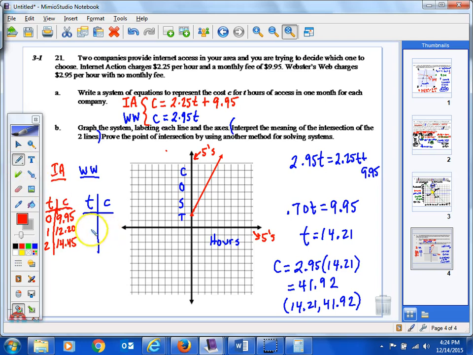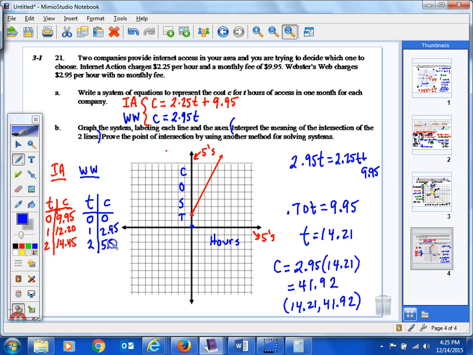Okay, let's get some points for Webster's Web. If we don't use it any hours, the web is not going to charge us any dollars, so that one's easy. If we use it for 1 hour, they're going to charge us $2.95. If we use it 2 hours, it's almost going to be $6.